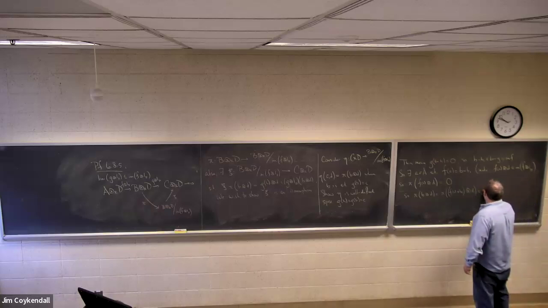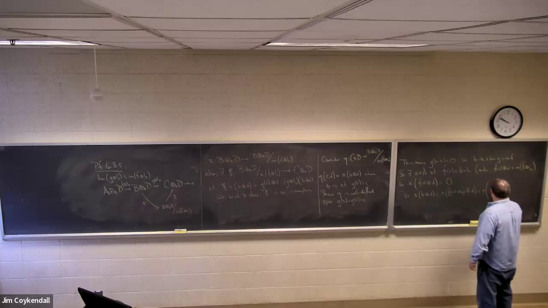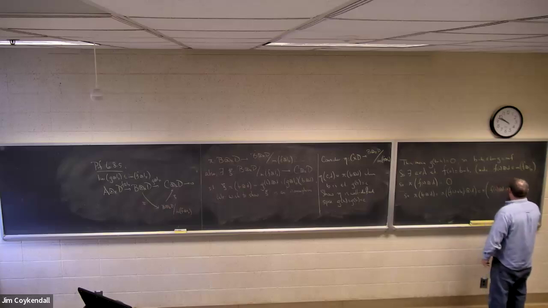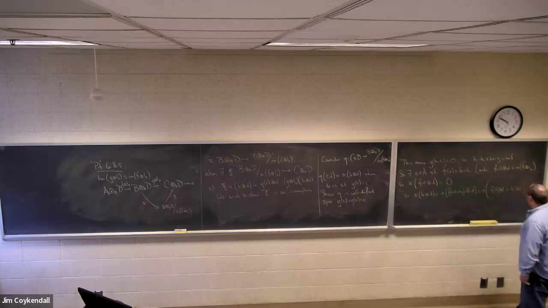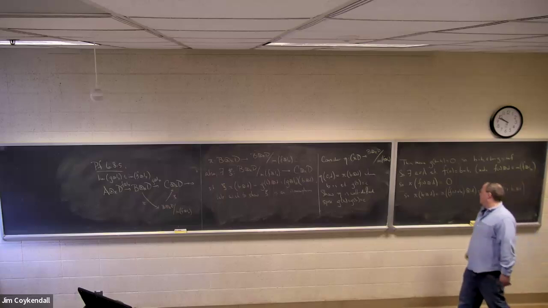Now when I tensor this out, this is F of A tensor D, and this is B1 tensor D. Now pi is of course a homomorphism.